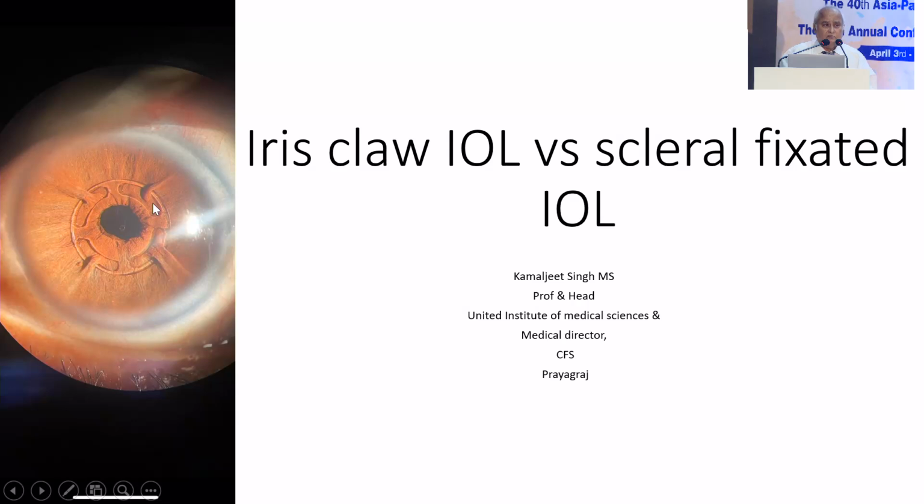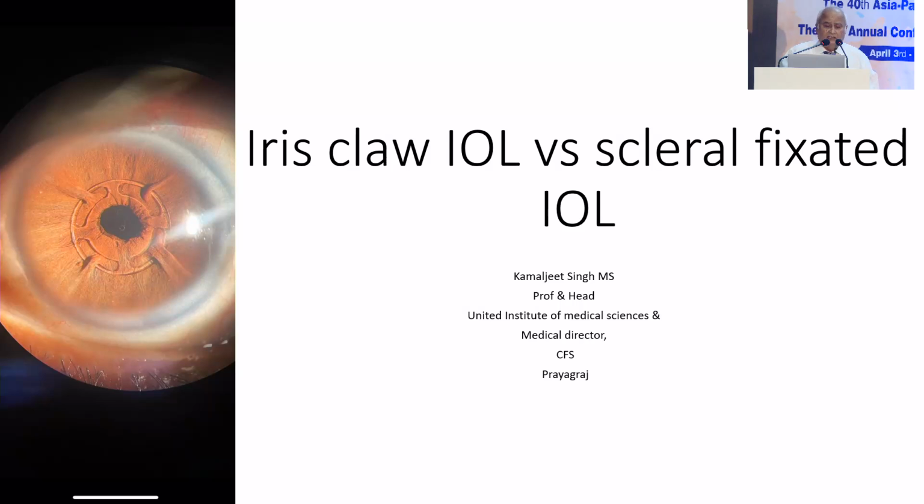This iris claw lens has 4 holes. Initially there used to be 2 places where he used to fix this lens into the iris, and now he has started doing it at 4 places, so that you can have a good fixation and there is no movement of this IOL in the eye.